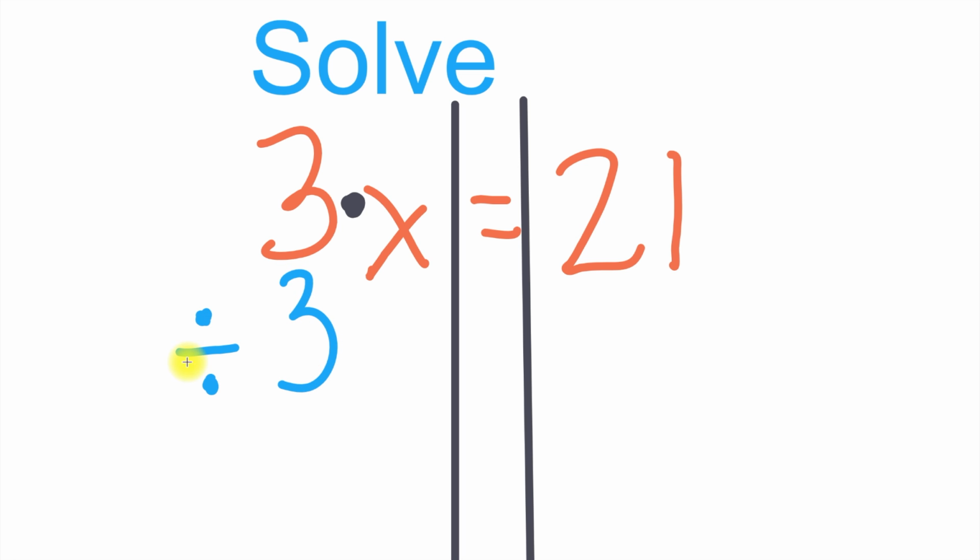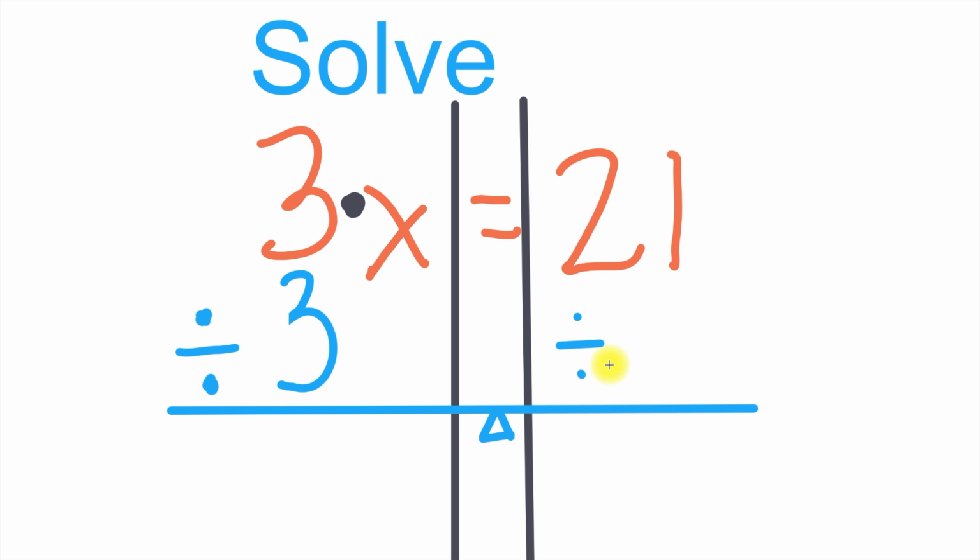Then whatever we're doing to the left side, we're going to do to the right side, because remember that when we have equations, they're equal. It's kind of like you have a scale, and you don't want that scale to teeter-totter. The only way for the scale and equation to be balanced is for you to have the same thing on the left side and the right side. So now we'll go to the right side and we'll put divided by 3.